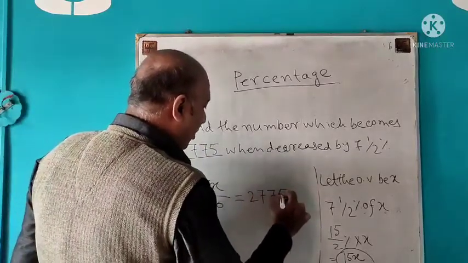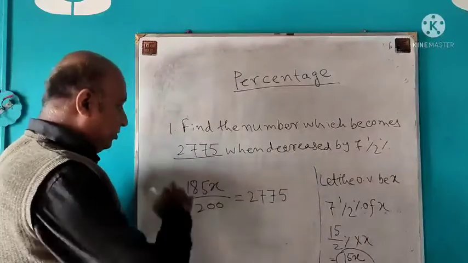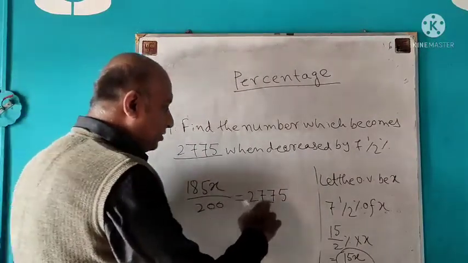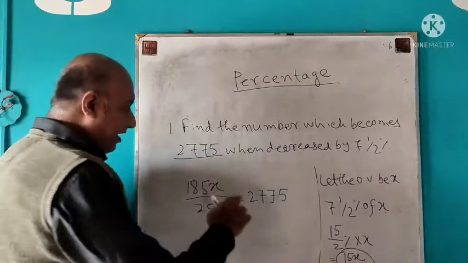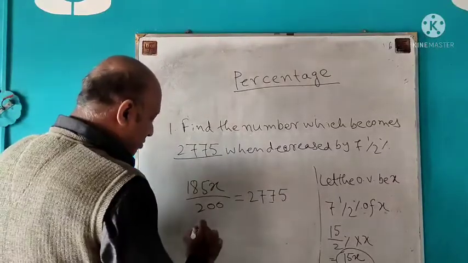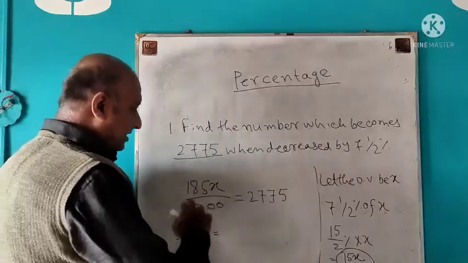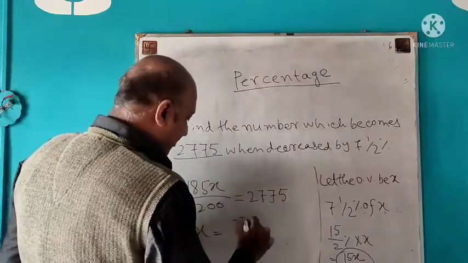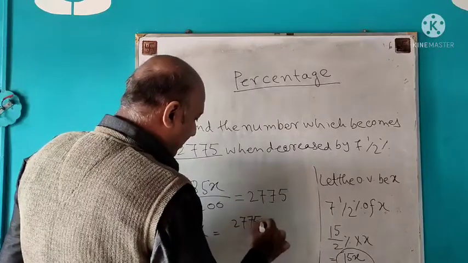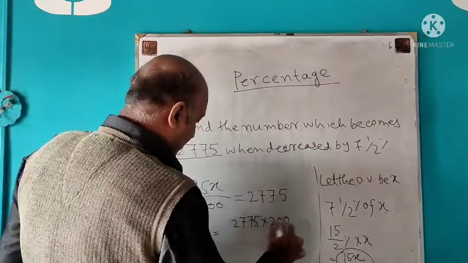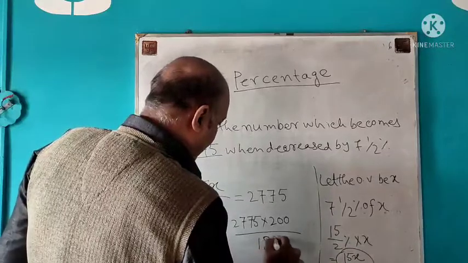So we will form an equation with these two values: 185x by 200 will be equal to 2775, and we have to solve this. To find the value of x, we just have to change the sides of the numbers. 2775 will be multiplied by 200 and divided by 185.